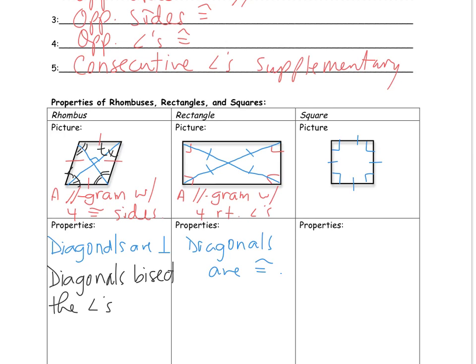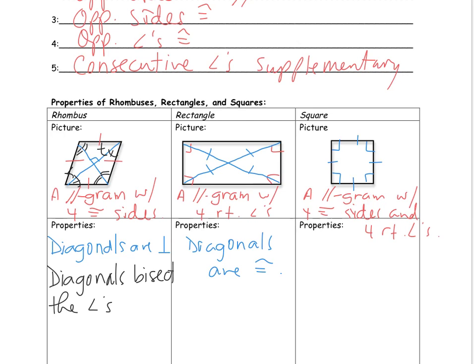So would it be fair to say that a square is equilateral and equiangular? Okay, so it's a quadrilateral that is equilateral and equiangular. Or what we are going to say, it is a parallelogram with 4 congruent sides and 4 right angles. Okay?